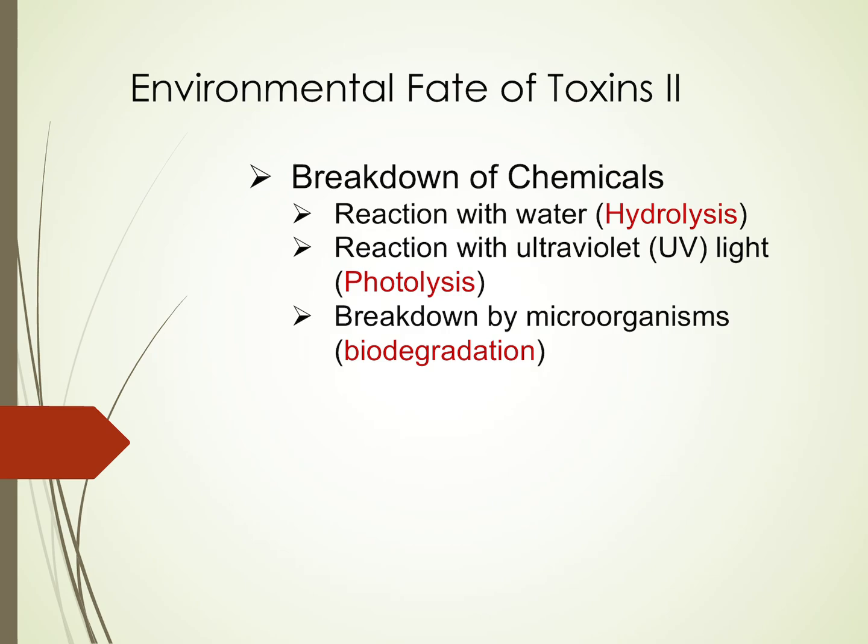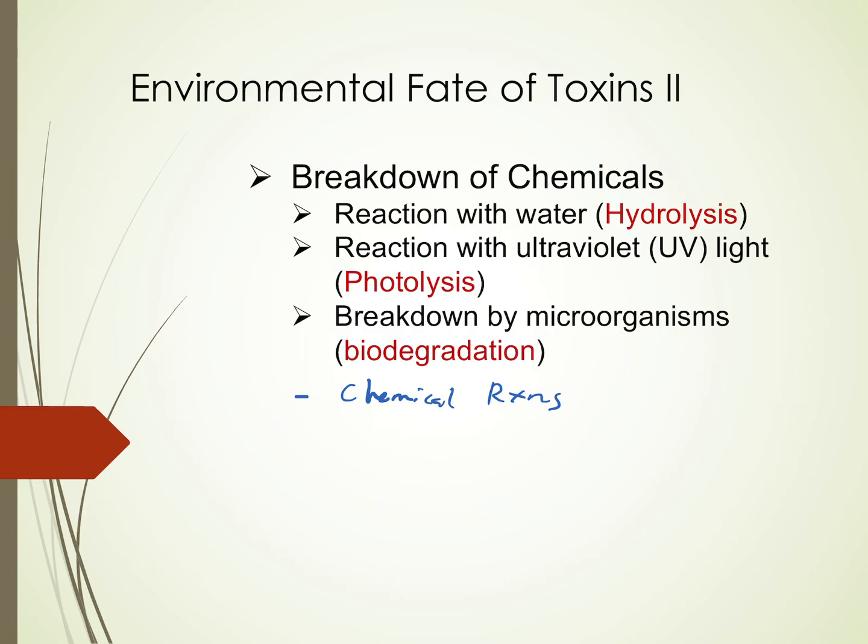Now, as we go into breakdown of chemicals, what can happen? 3 main things: hydrolysis, reaction with water; photolysis, reaction with light; and breakdown by microorganisms. There are also chemical reactions that are different than hydrolysis or photolysis.